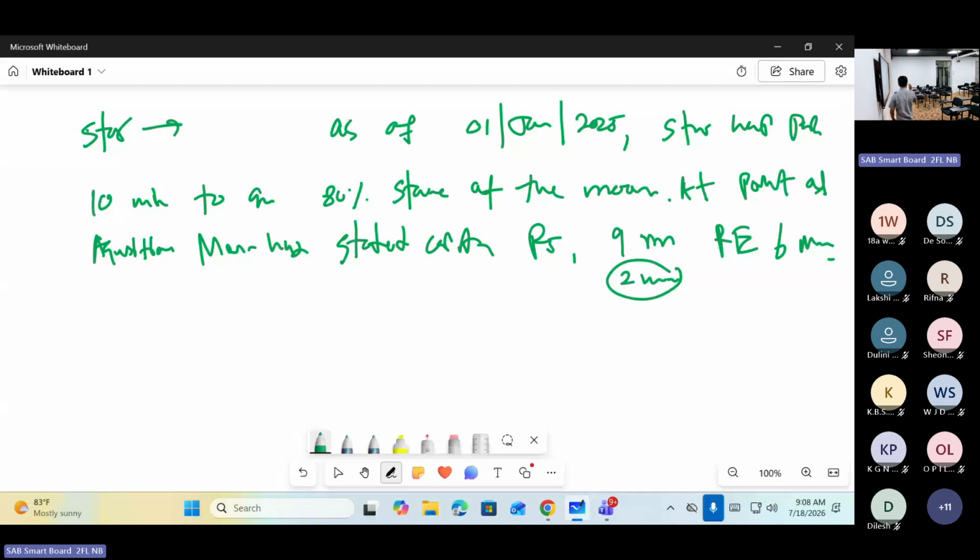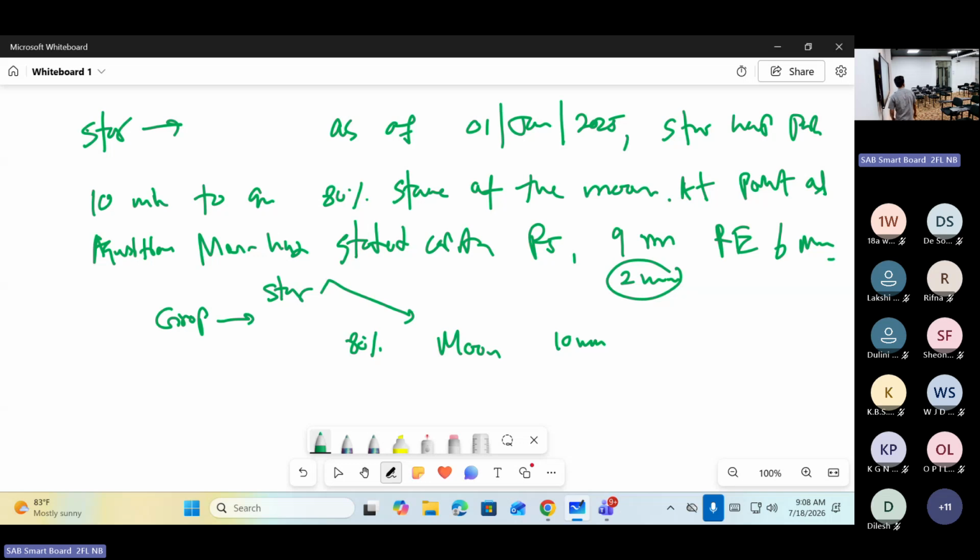Here we have a group. The parent is Star. Star has invested in Moon. How much is the percentage? 80. To acquire 80%, Star has paid 10 million.